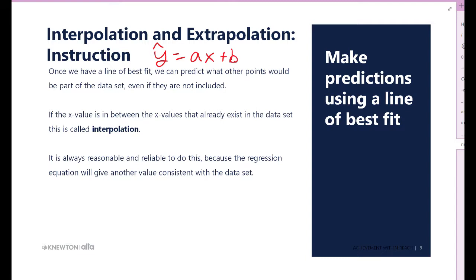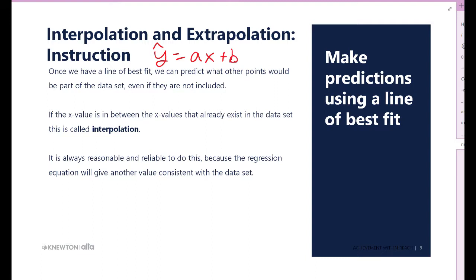However, if we go outside of that spread of our x data values, now we're doing something that's called extrapolation. The analogy I always use for extrapolation is, I don't know if you've ever seen a 30-day forecast. A 30-day forecast is absolutely horrible. Why? Because it goes beyond a few days. After a few days, the weather is basically unpredictable, right?